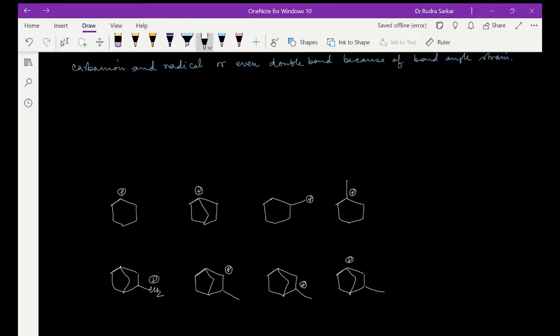So this is say number 12, in which we can see that electron donation is happening from here and here. So there are two plus I effects. Here it is happening from 3, but this is a bridgehead.